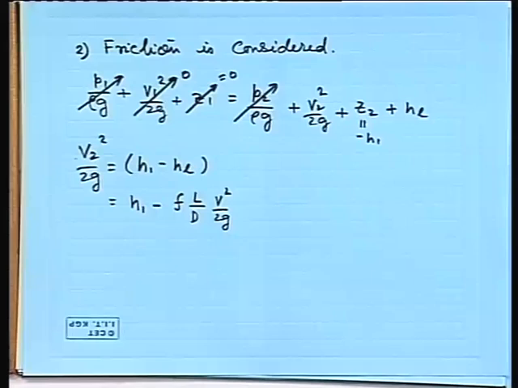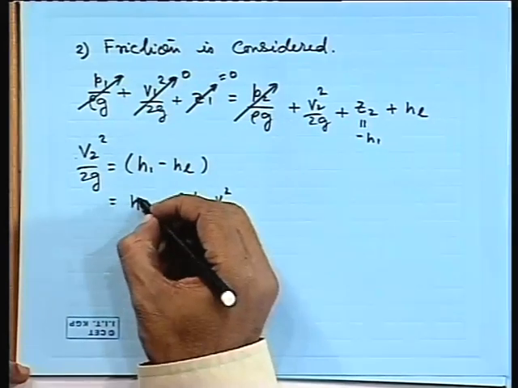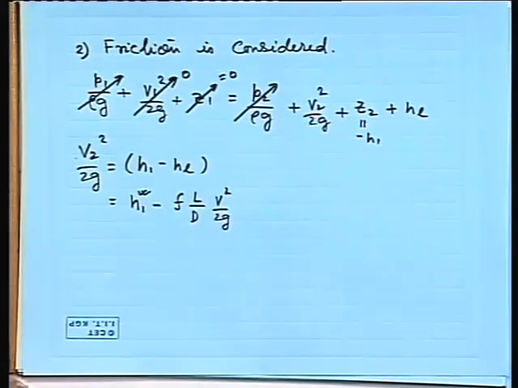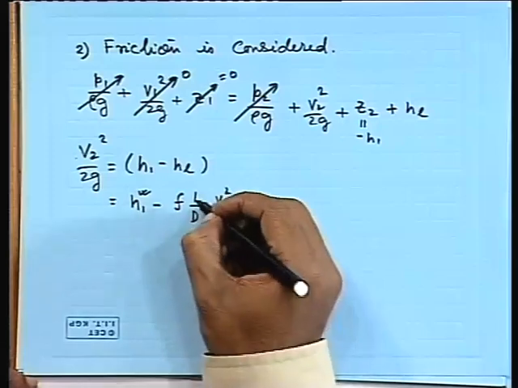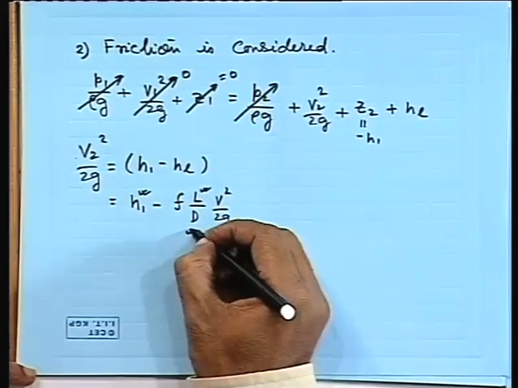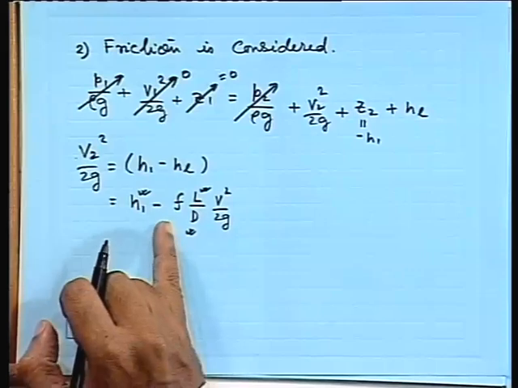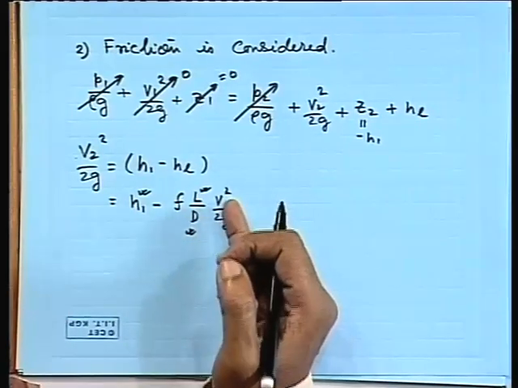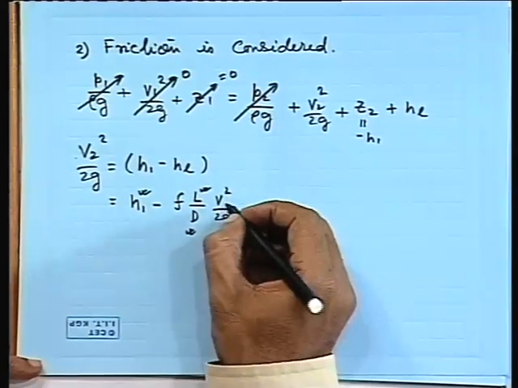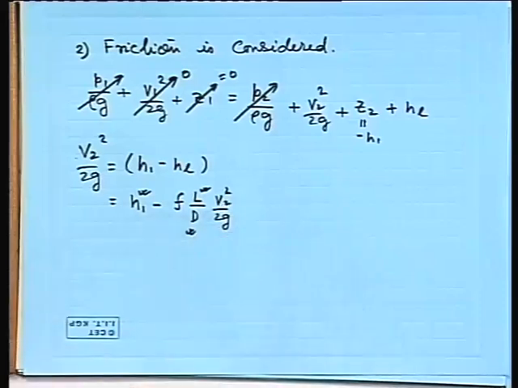H1 is known to me, L and D are known to me, f is not known, and V2 I have to determine.